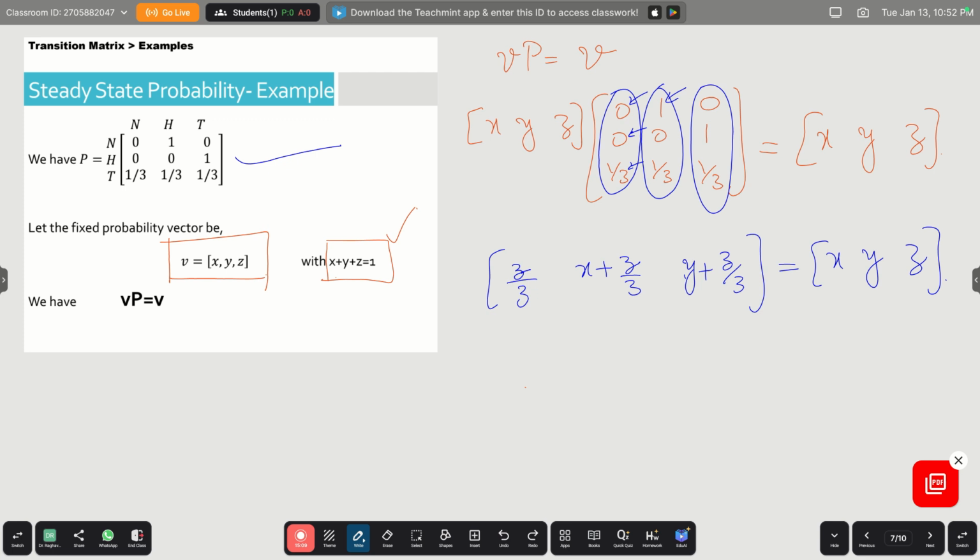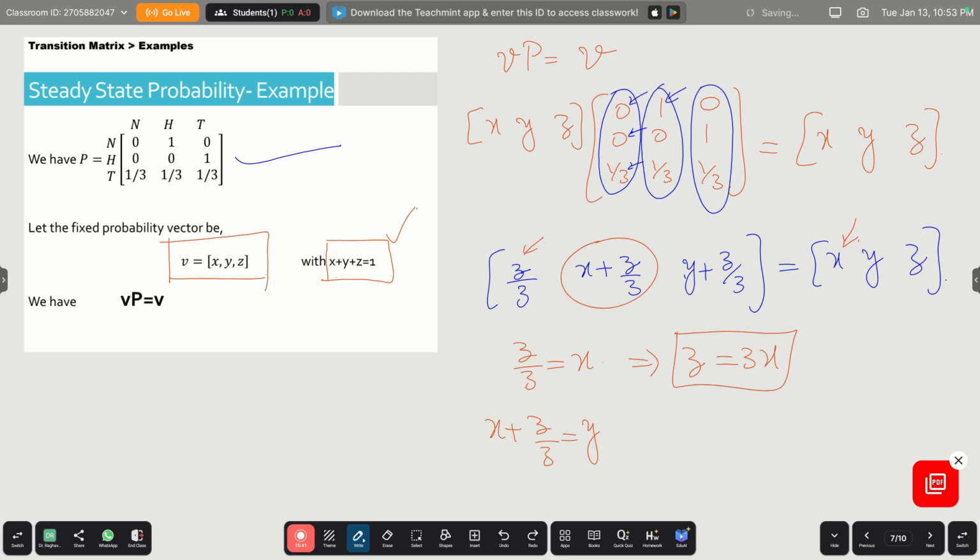Right. So I'll have the equations. First component I'll match with the first one. So z by 3 is equal to x. Okay, here straight away I got one variable in terms of the other. z is equal to 3x. And the second equation is x plus z by 3 is equal to y, the second component.